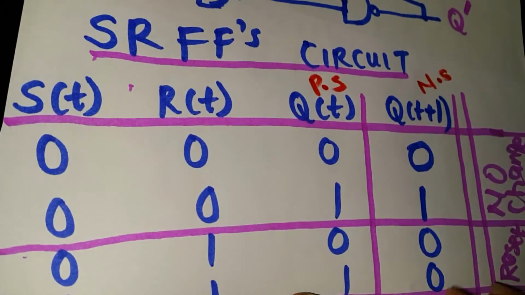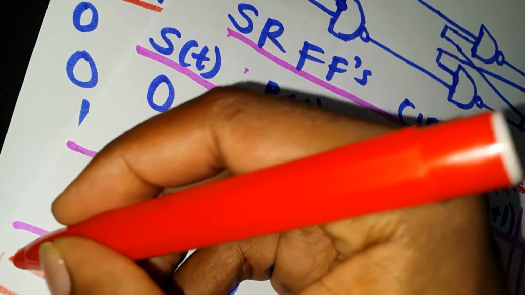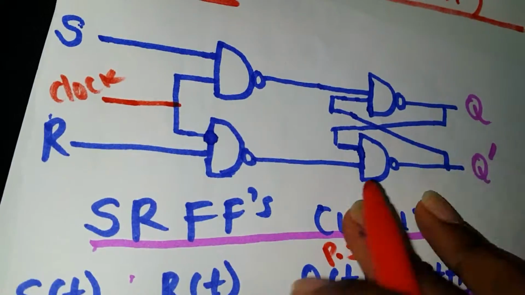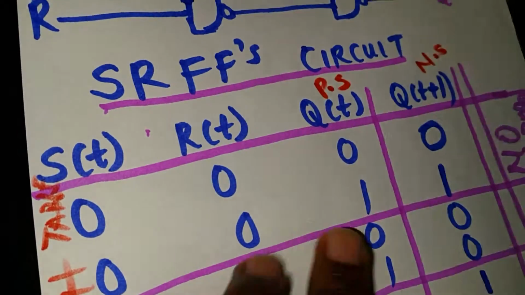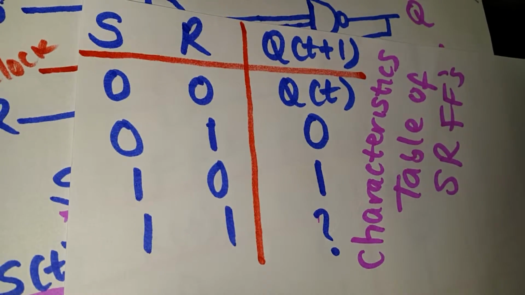And this table we constructed here is called the truth table of SR flip-flop. So this is our characteristics table of SR flip-flop.